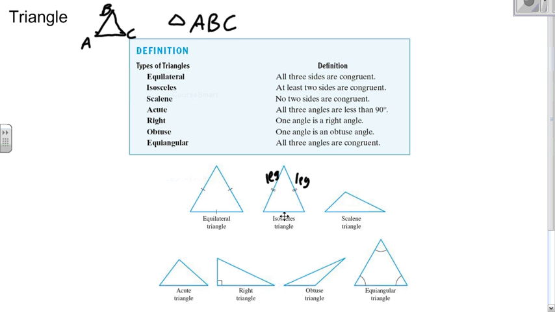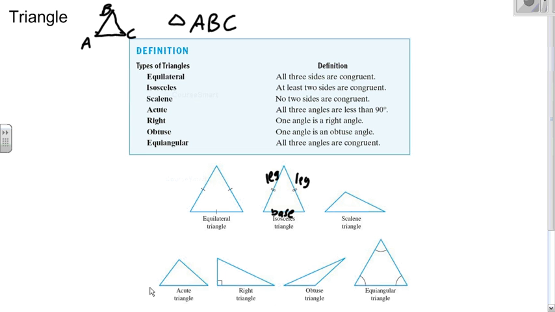And the bottom side that is not necessarily equal is called the base. These 2 angles would be called the base angles, and the angle up here is called the vertex angle. Next we have a scalene, where no 2 sides are congruent.